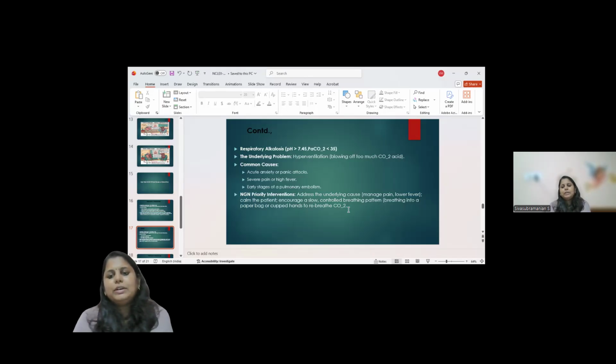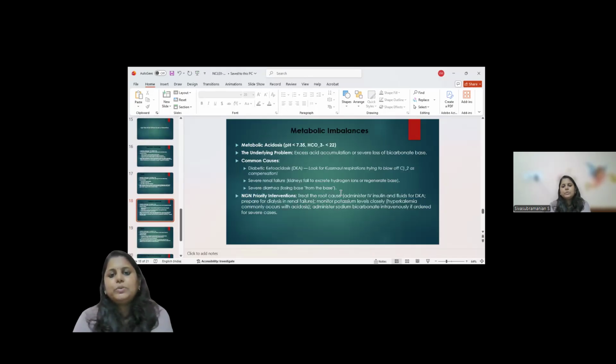We can instruct the patient to breathe into a paper bag or cupped hands to rebreathe CO2. These are the interventions to think of when it comes to respiratory alkalosis. I hope you understood. Next, moving on to the metabolic imbalances.